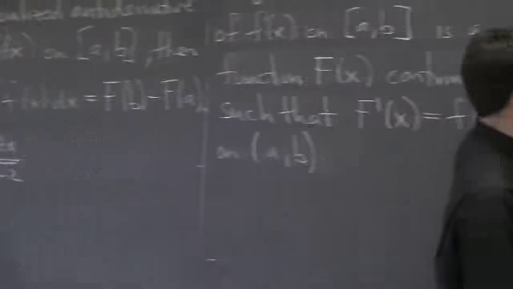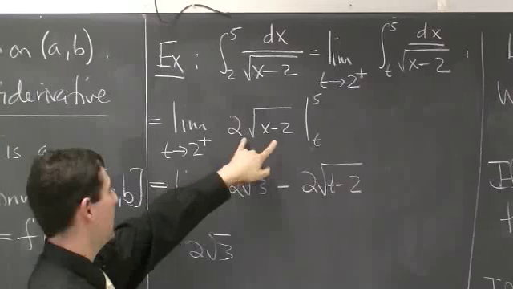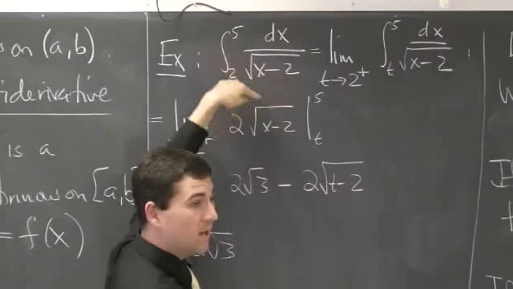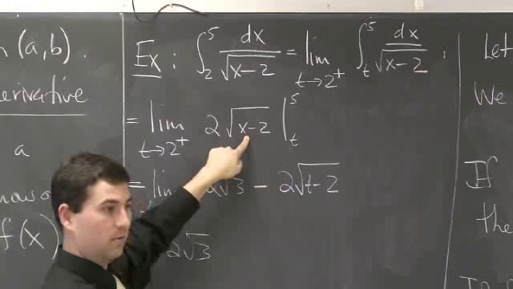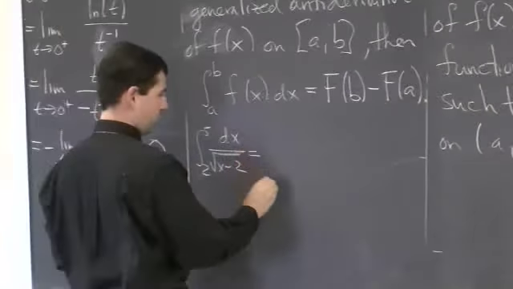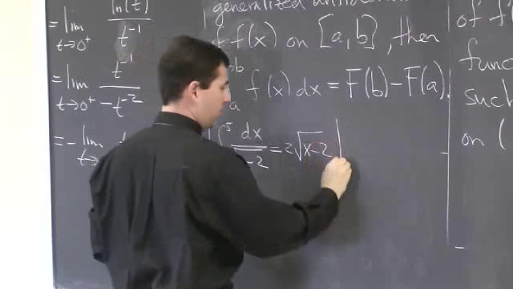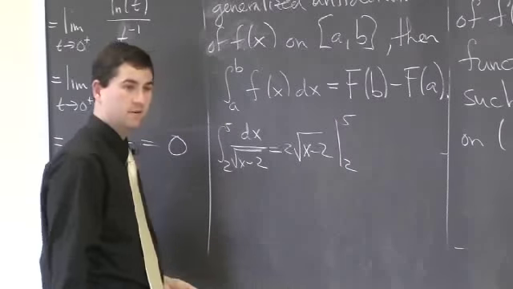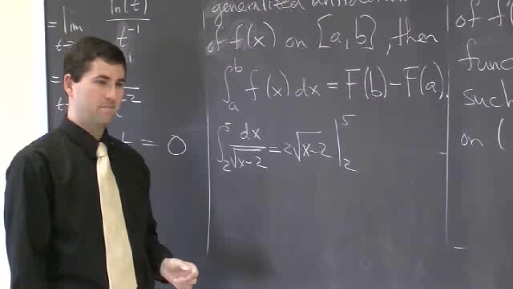Well, it's 2 square root of x minus 2. This is an antiderivative for that function, but it's actually continuous all the way from 2 to 5. It doesn't have a problem at 2. And so what that tells us is that this is equal to 2 times the square root of x minus 2 evaluated at 2 and 5. You don't need to worry about limits in this.